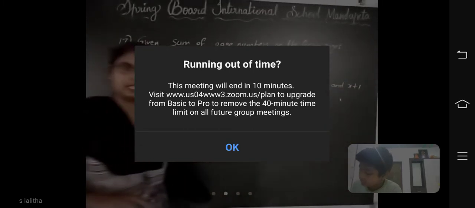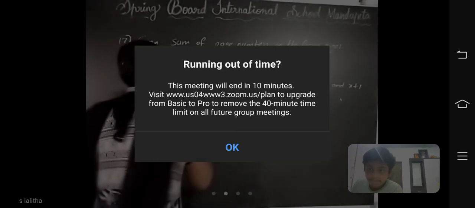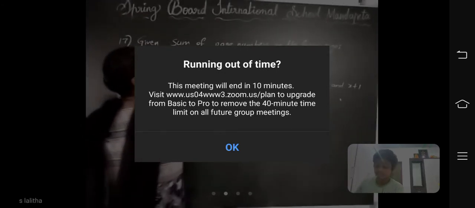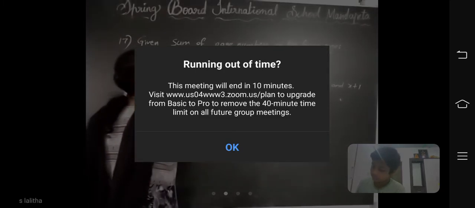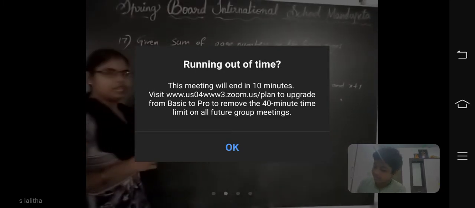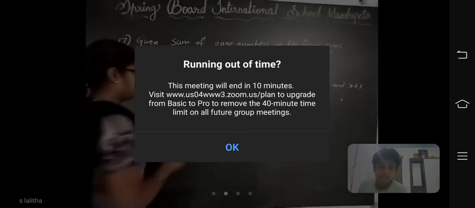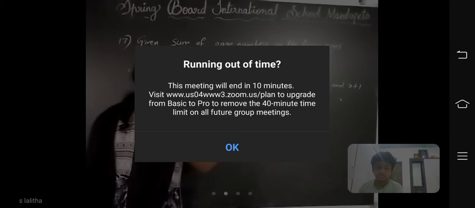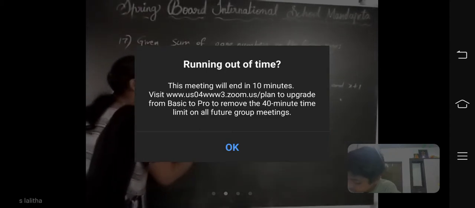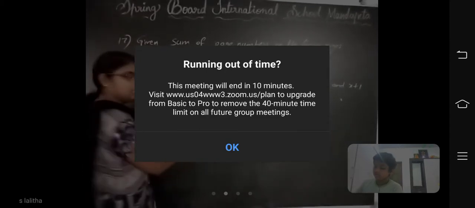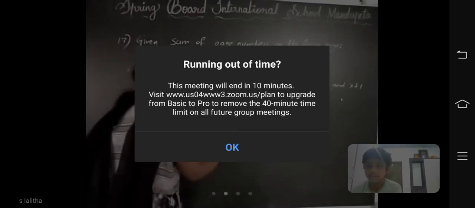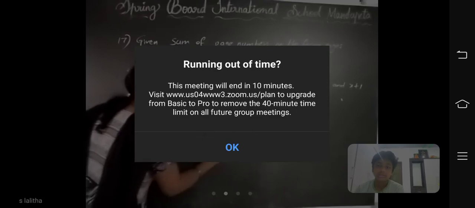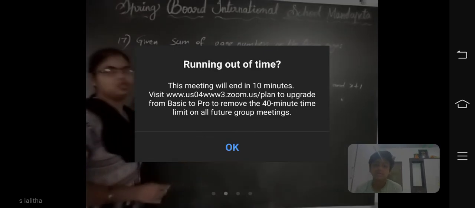Now x plus x plus 1 equals how many pages? Total pages 373. Now add: 2x plus 1 equal to 373. So 2x is equal to 373, here plus 1 is transposed to the right hand side. What will it become? Minus 1. So 2x is equal to 372.